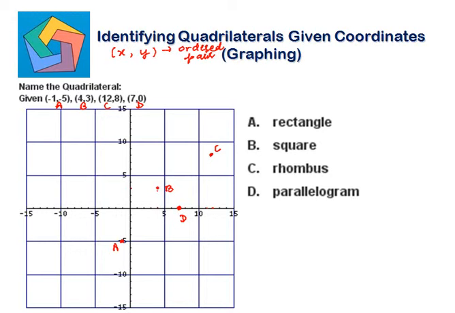Let us join them together in order to form the quadrilateral. Let me draw a straight line.